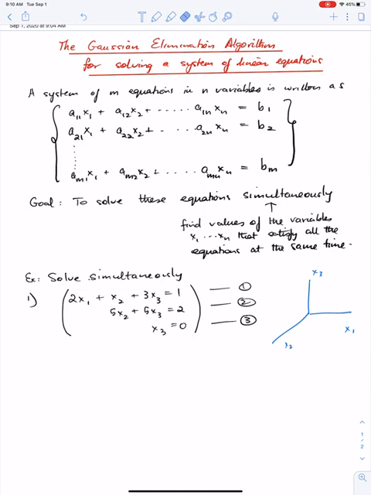And the first equation, 2x1 plus x2 plus 3x3 equals 1, is a plane in R cube. That's how it's said, R3, R cube. That's referenced to three-dimension space. And it's written in the stylized R. In a textbook, it would be bold R, but it's hard to show bold when writing.